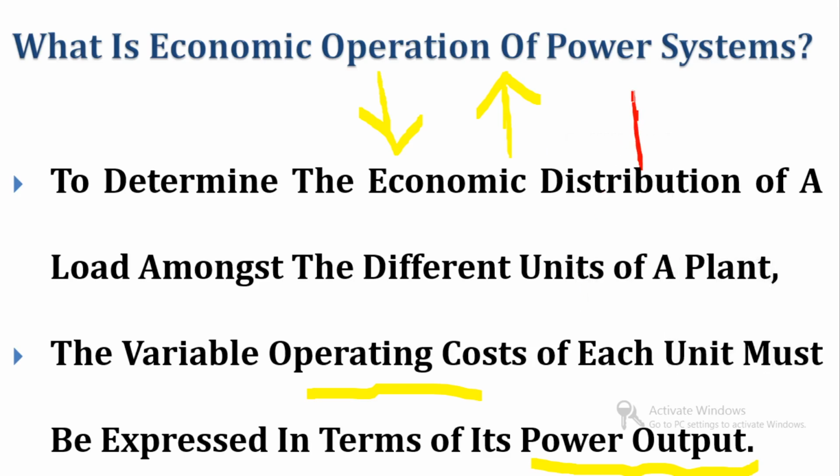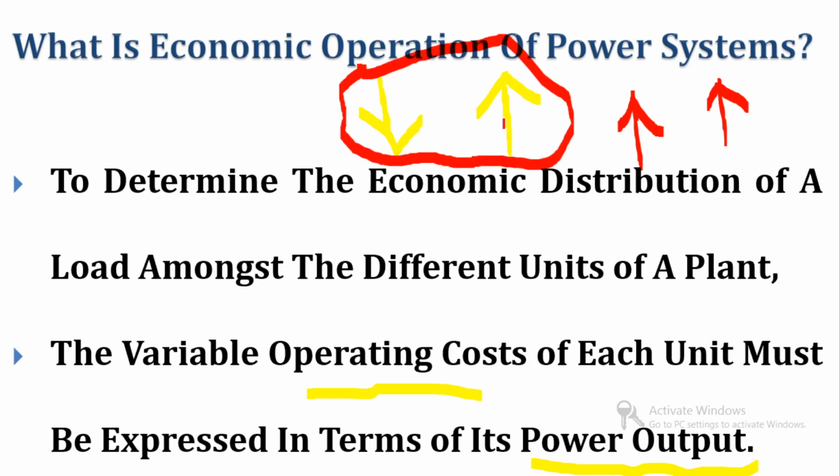If operating cost is high and output is also high, then we can say that the power plant is not operating in an economical way. The economic way is this: cost is low and output is high, then we can say that the particular power plant is operating in an economical way.